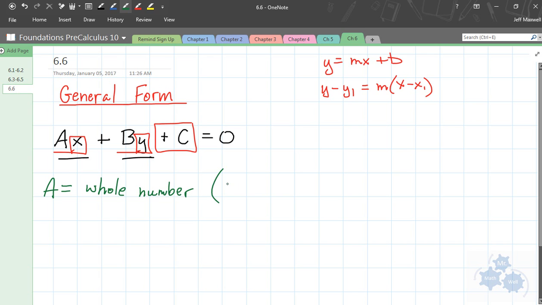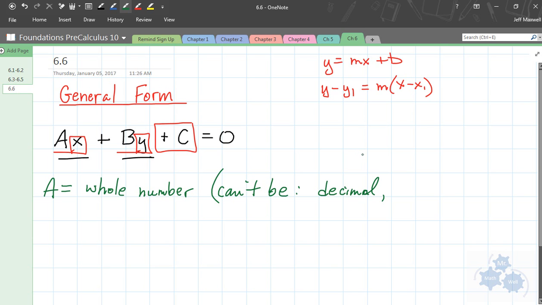So that means that it can't be what? It can't be a decimal. That's true. What else can it not be? It can't be a decimal or a fraction. But what else can it be if it's a whole number? Do you remember what whole numbers are? What was that, Kevin? Positive, okay. Zero is part of the whole number set.